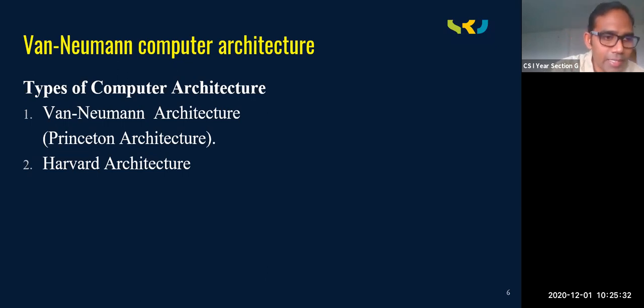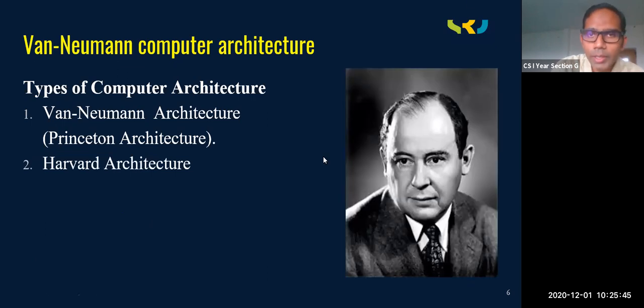So these are the basic differences. We are going to study the advantages and disadvantages in our last slide. There you can identify what exactly von Neumann is capable of and what exactly Harvard is capable of. So he is von Neumann, John von Neumann, who introduced the first architecture.